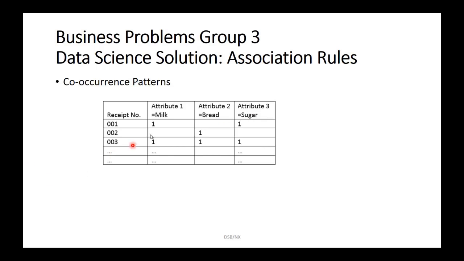Notice if we change the attributes from milk, bread, and sugar to movie A, movie B, and movie C, and if we change the receipt number to subscriber numbers to Netflix, then this same data structure will be capable of capturing viewing behaviors of Netflix subscribers.